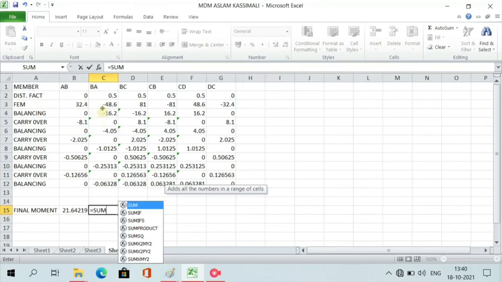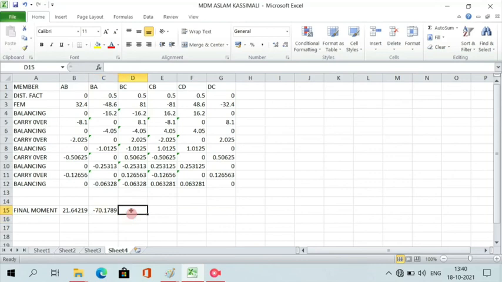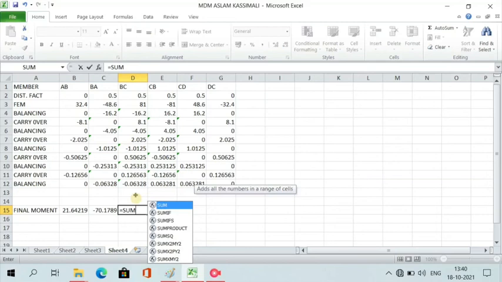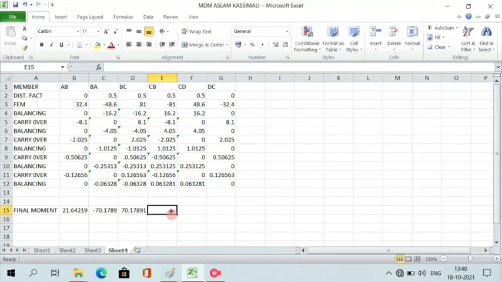Now we have to add from the beginning moment. So C3 till C12. I am writing bracket open C3 to C12, bracket close, press enter. For this column also equal to sum, bracket open, now D3 to D12, bracket close, press enter.